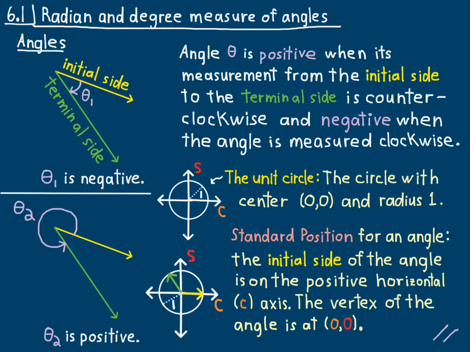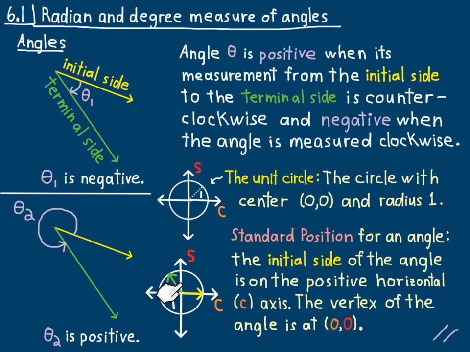Okay, so standard position: the initial side of the angle is on the positive horizontal axis. So that yellow initial side there always points to the right. And then the terminal side falls wherever it falls. The endpoints of our two rays are going to be at the origin to be in standard position.